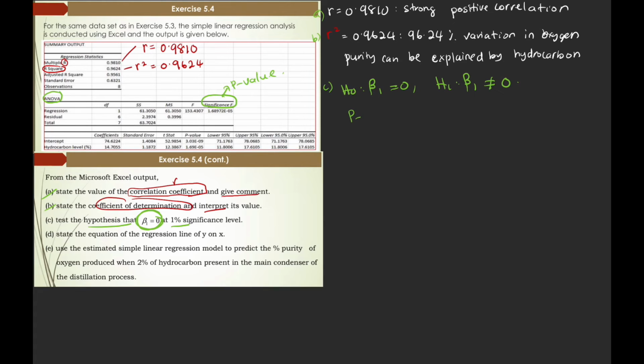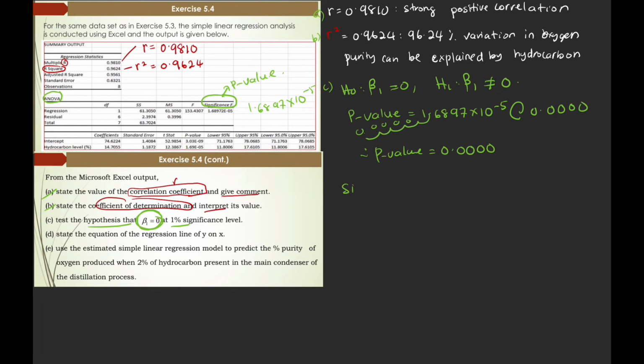So, the p-value is equal to 1.6897 times 10 to the power of negative 5. So, it's actually 0.0000.